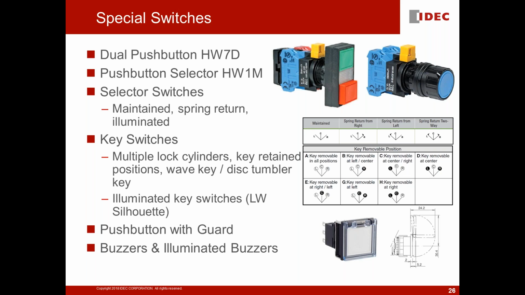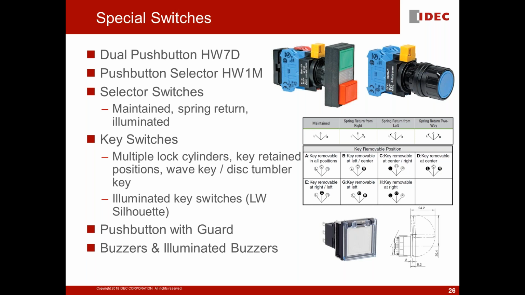The different key removal positions allow different features. In the cashier supervisor situation, you cannot remove the key at the supervisor position. You have to return back to the normal operation mode. Then the key can be pulled out, and the supervisor can walk away to do other things.